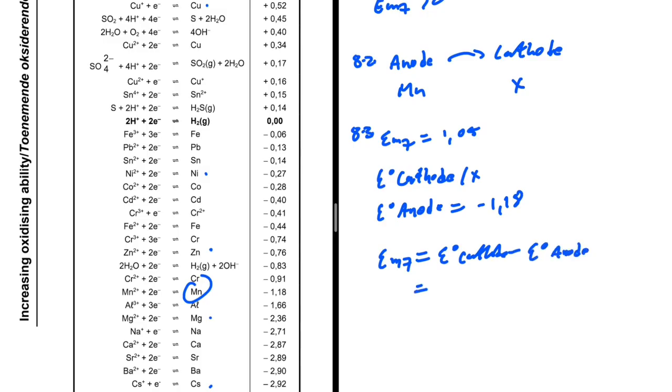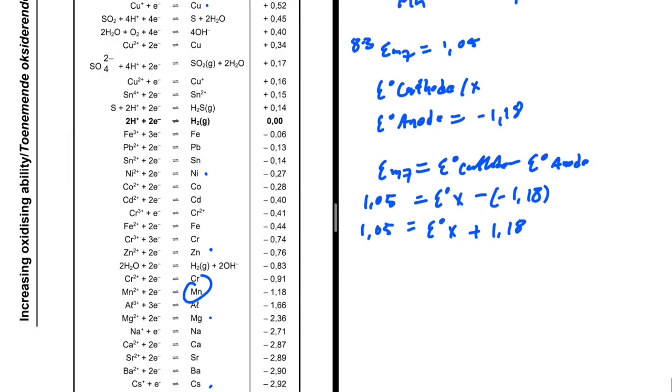The reduction potential at the cathode is where we have our metal X, so the potential of X. And then at the anode, we have minus 1.18. So 1.05 equals the reduction potential at X plus 1.18. So the reduction potential at X will be equal to 1.05 minus 1.18.